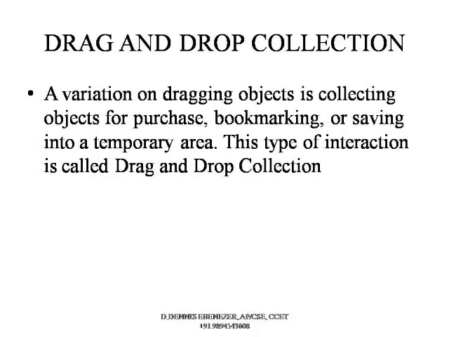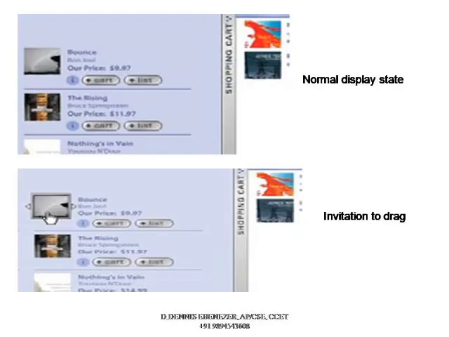The last type of drag and drop is drag and drop collection. This drag and drop collection is used in websites that are involved in online purchasing, bookmarking of web pages, and saving data in a temporary area. A common example of this type of drag and drop is seen in the slide as shown.